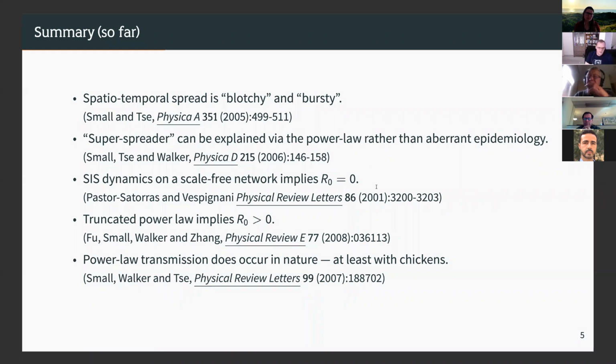Okay. And so that was also the message in this paper with Dave Walker, where we are looking at the super spreader events that occurred in SARS in Hong Kong. And we are finding that those super spreader events can be explained entirely through a disease with a scale-free distribution of contacts.